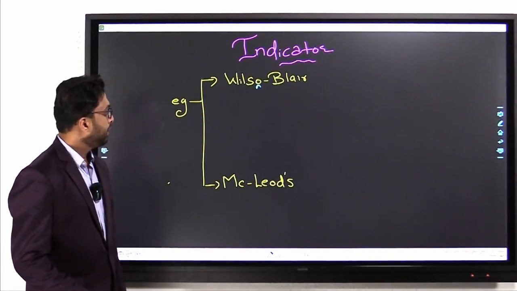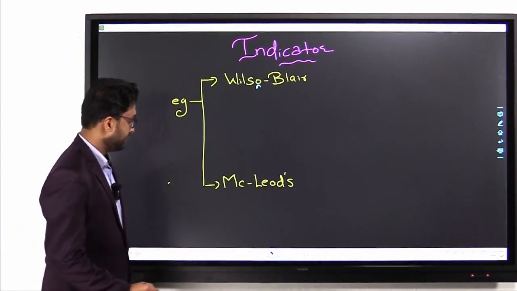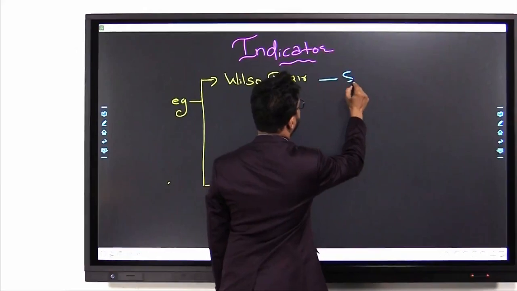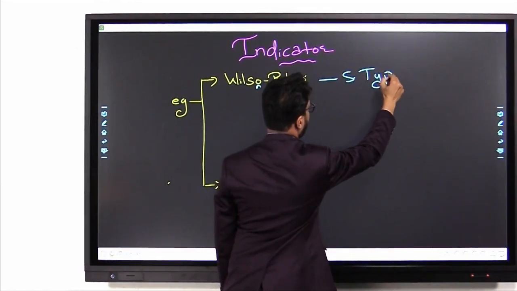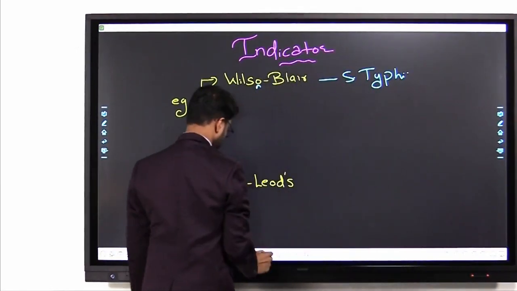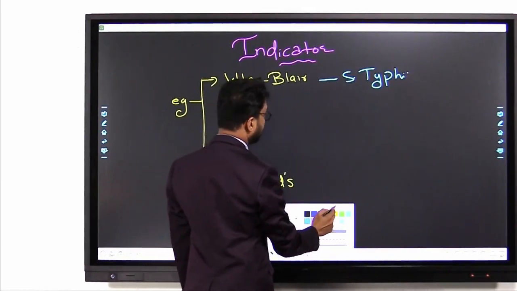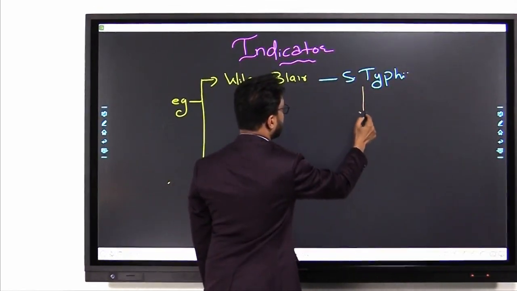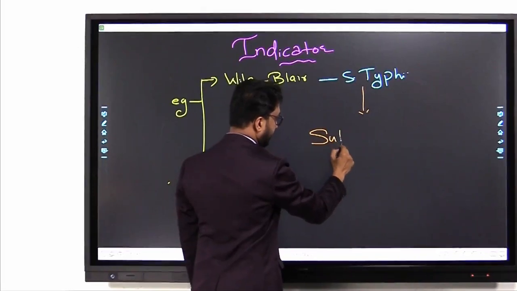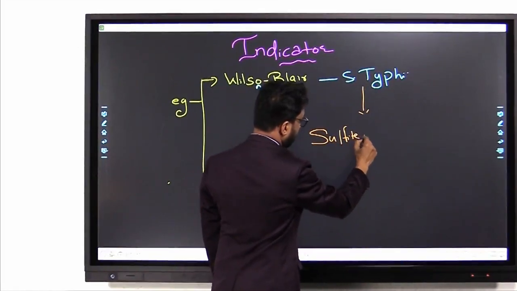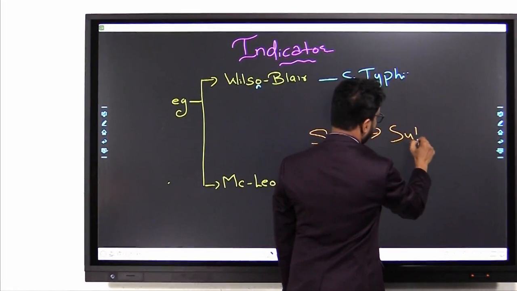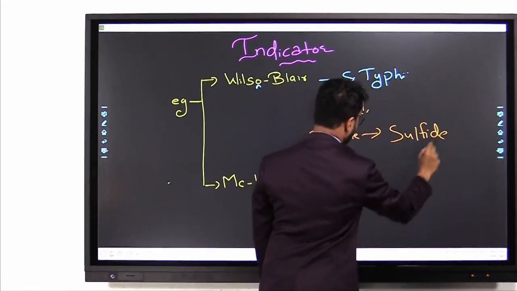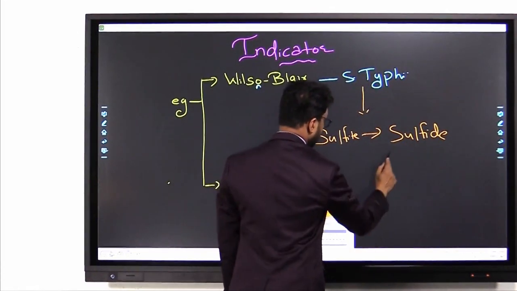I'll explain this. Now, Wilson-Blair media is used for Salmonella typhi, isn't it? What does it do? It converts sulfite to sulfide, which is black in color.